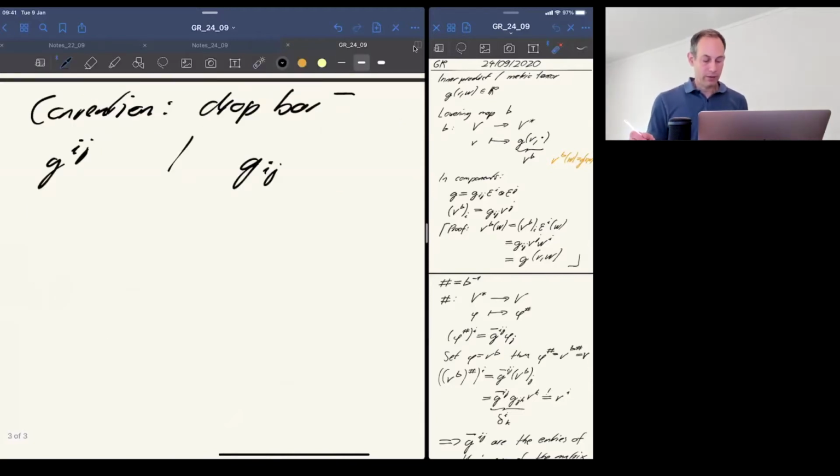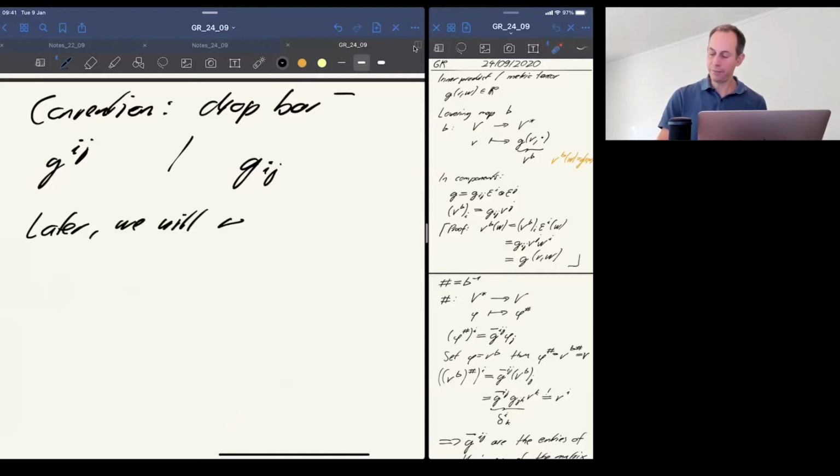Okay, so one thing I should mention already now is that we will later do the following. We will replace the requirement that the metric is positive.